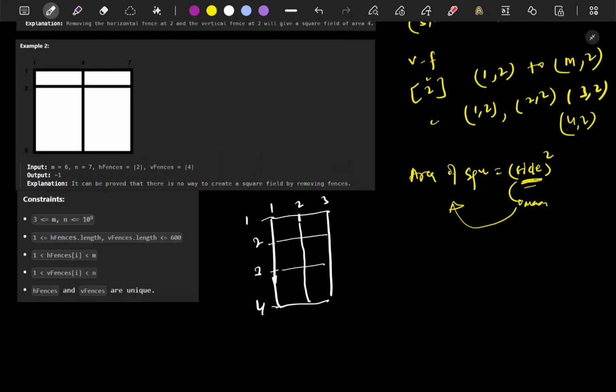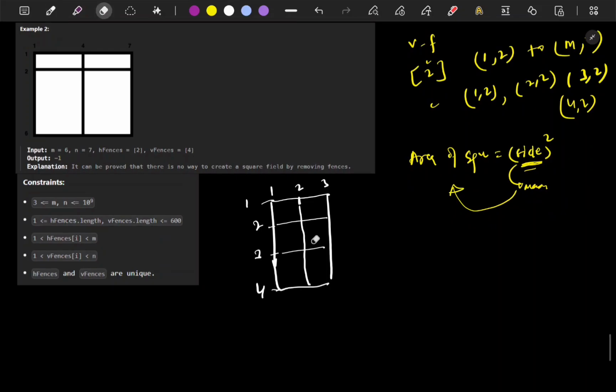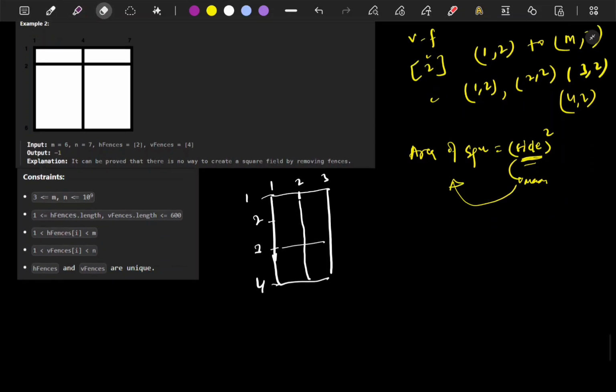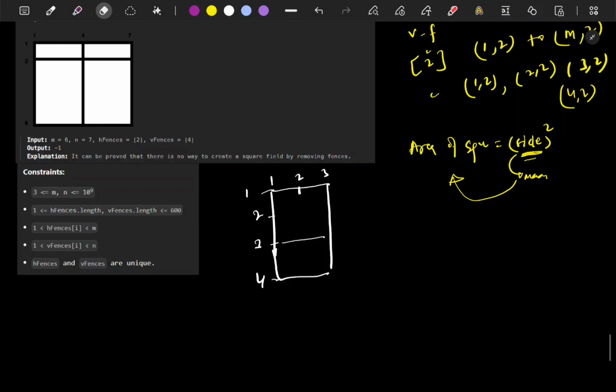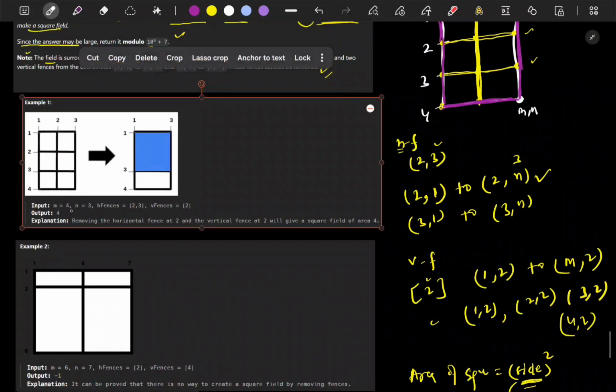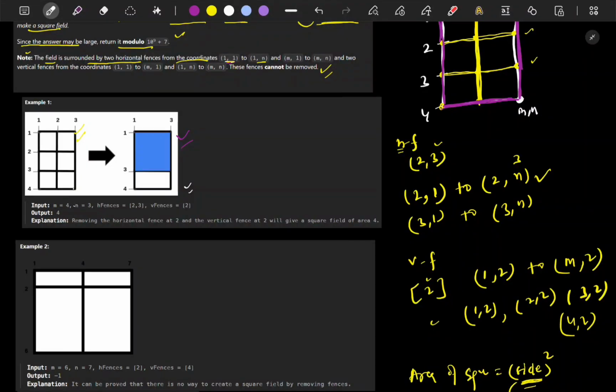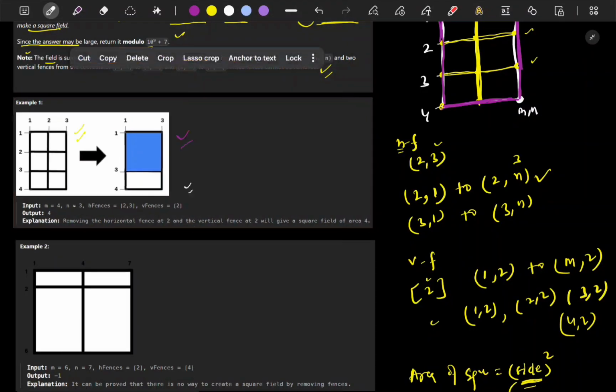How can we make the maximum square? If we remove this fence and this fence, we have removed them. So now we have two sides whose length is 1 unit, 2 unit. Here also the length is 1 unit, 2 unit. So 2 cross 2 is equal to 4. Sorry, this is our output, 4.